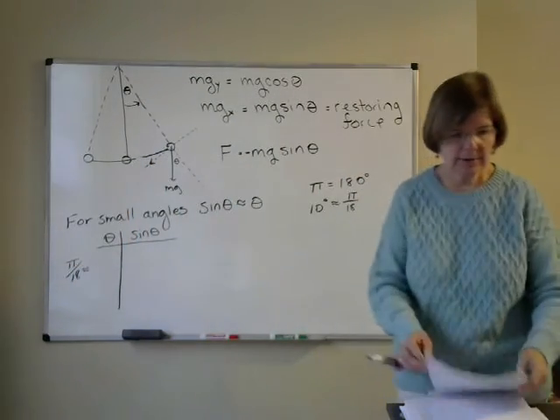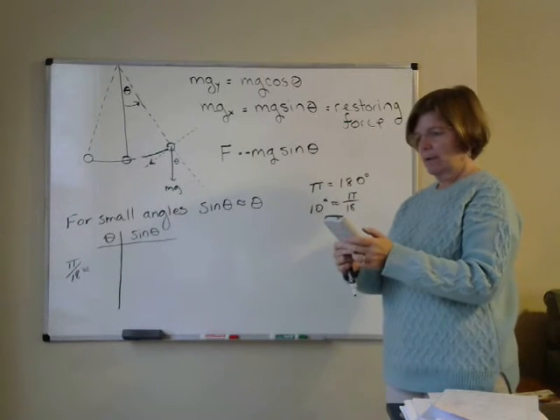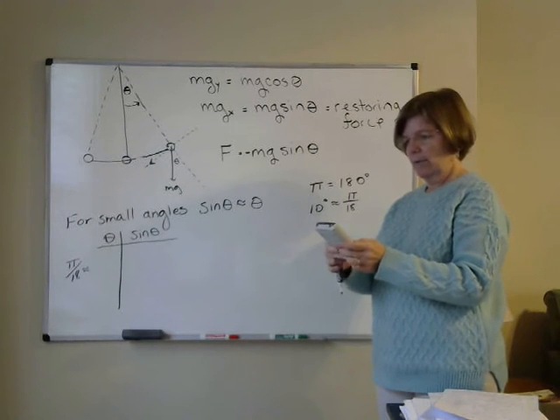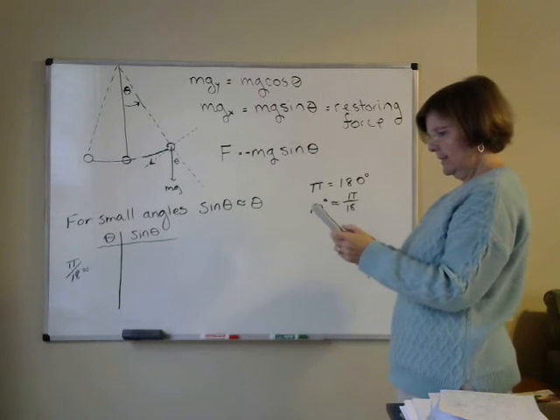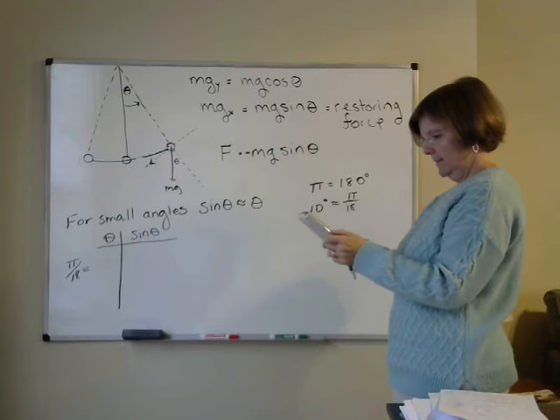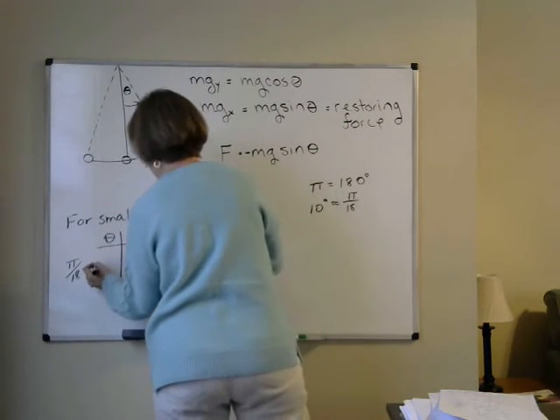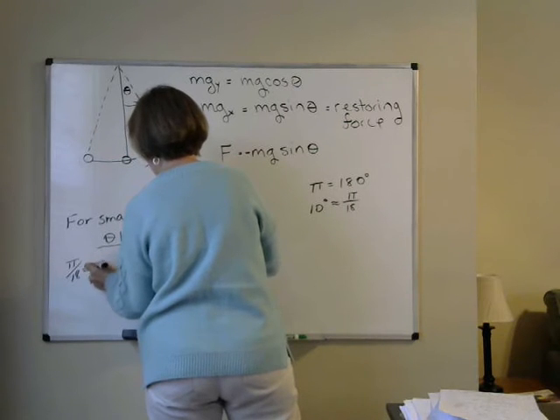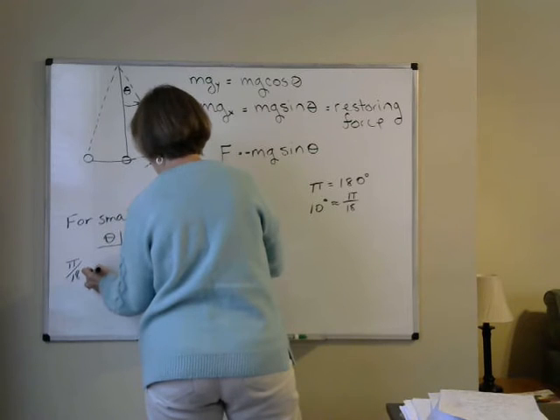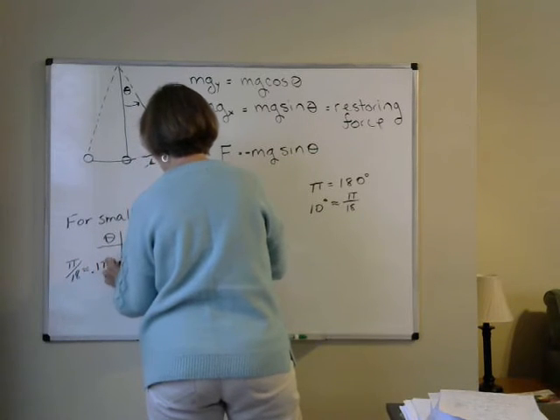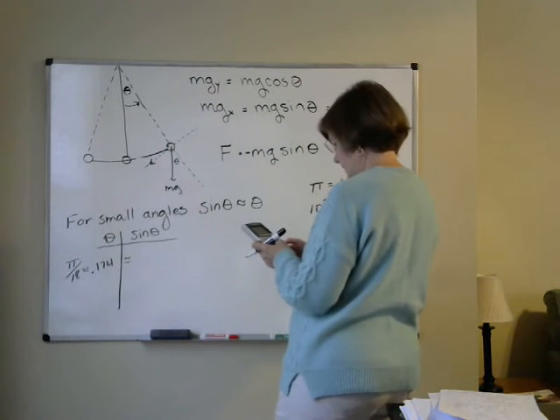Get my calculator. Let me make sure I'm in radian mode. Okay, I'm in radian mode. Pi over 18 is like 0.174. Well, let's see what sine of pi over 18 is.